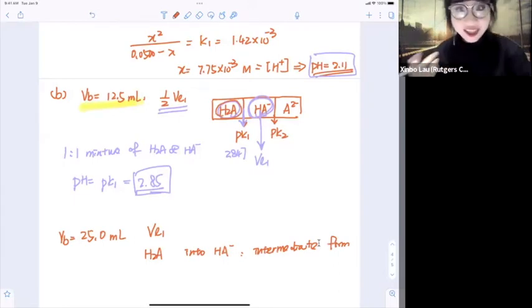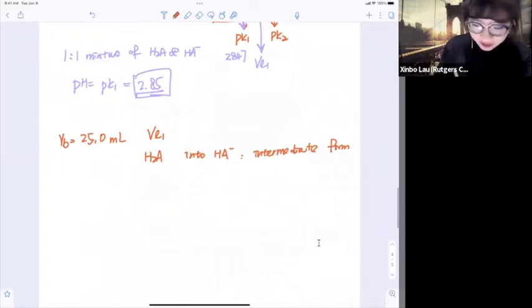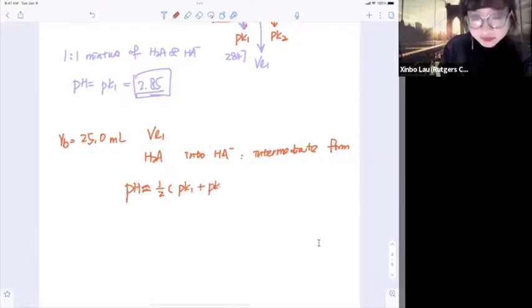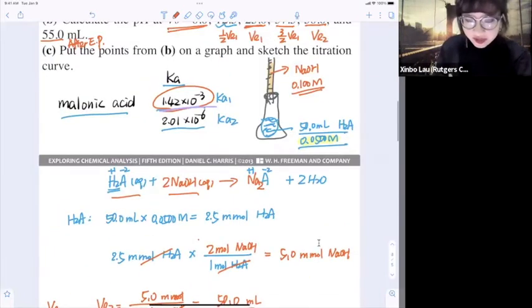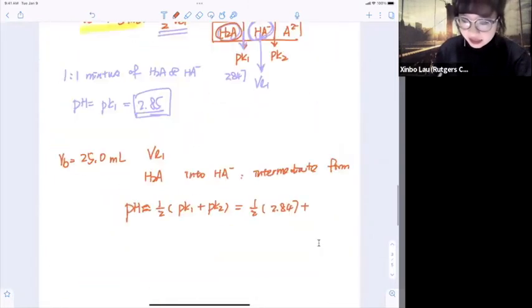And we also learned, or actually we got to test it, how to calculate the pH of the intermediate form. pH approximately equals half of pK1 plus pK2. You go, what was pK2? I showed you the pK1 value. Of course, you can take the negative log of K2. Take the negative log of that, you will get 5.696.